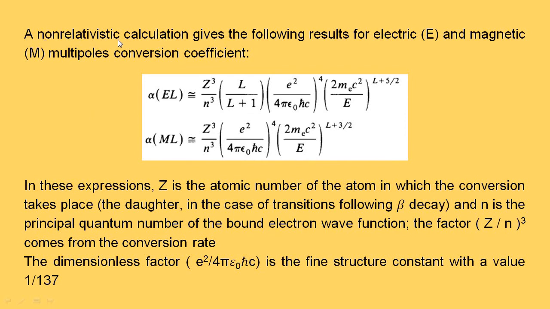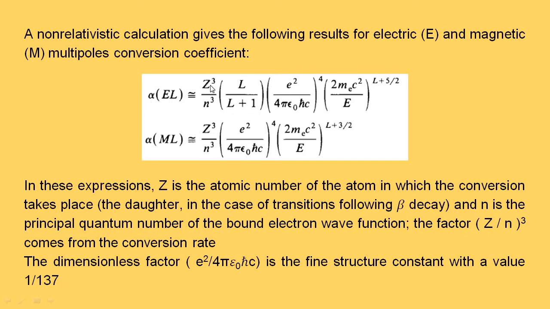So a non-relativistic calculation gives the following results for electric and magnetic multipoles conversion coefficient. This is the case for your internal conversion.